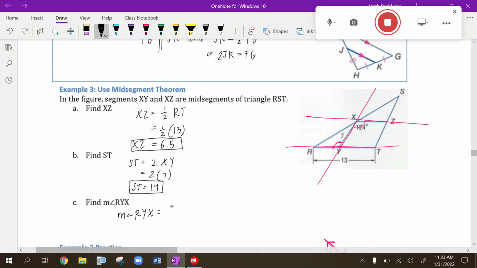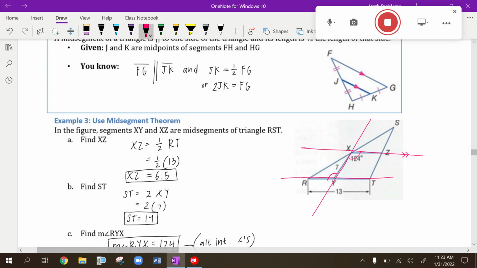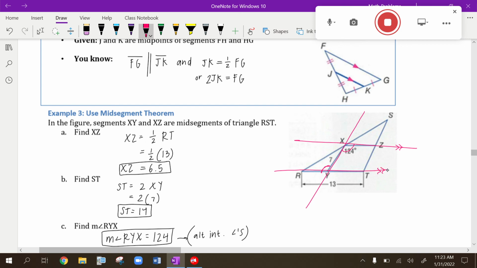So we'll know the measure of angle RYX is also 124. If you need to make a note to yourself, it's because of alternate interior angles. Remember, this only works with parallel lines, but in the case of the midsegment triangle theorem, we know that it gives us lines that are parallel, which means these angles will have to be congruent.